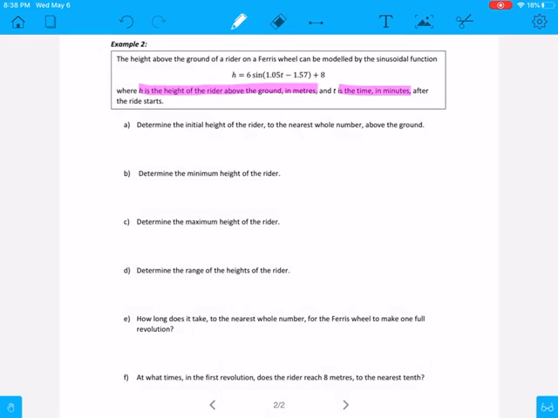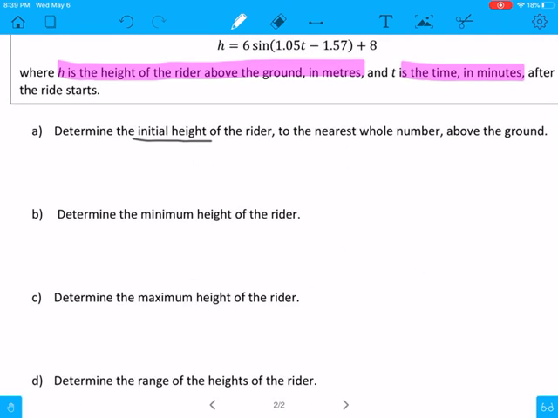So here it says, determine the initial height of the rider to the nearest whole number above the ground. Initial height means initially, and when we read initially, that's t equals 0. When we know t, we can just type it into our equation.